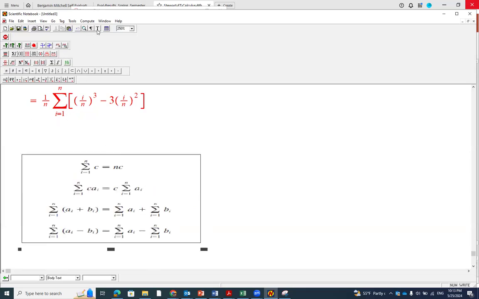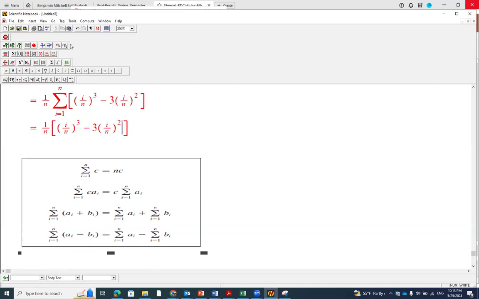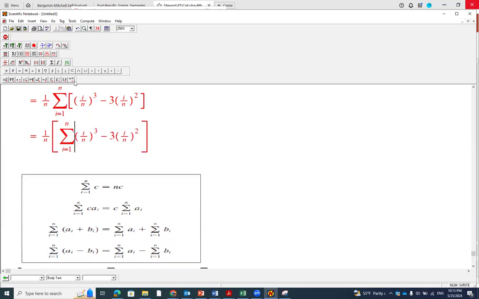The next step, we're going to have 1 over n, and this is going to be a bracket. So these two pieces are going to be inside the bracket, and the summation notation will be separated.